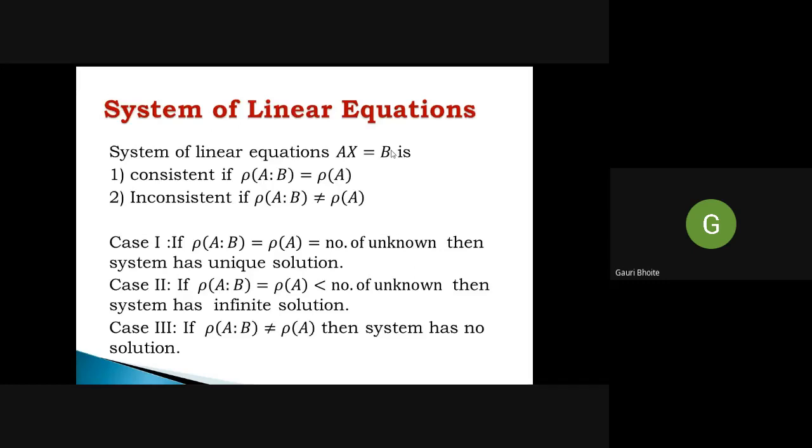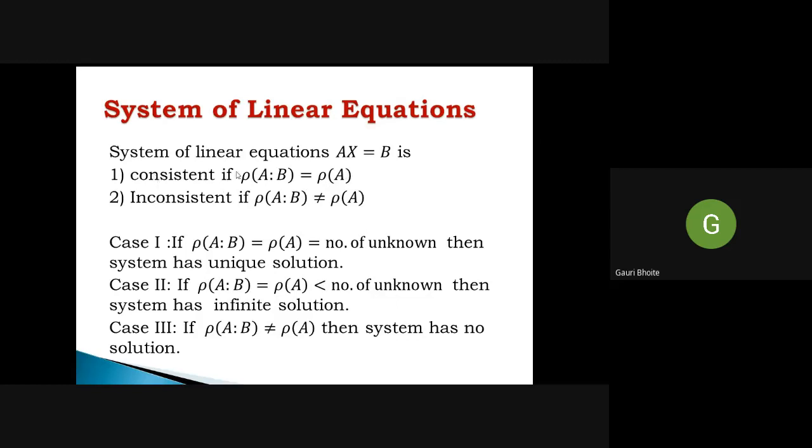Now, consistent means it has a solution, inconsistent means no solution. So what is the condition? We find the augmented matrix, A along with the RHS column B. The system is consistent if the rank of the augmented matrix AB is the same as the rank of matrix A. Very important condition.